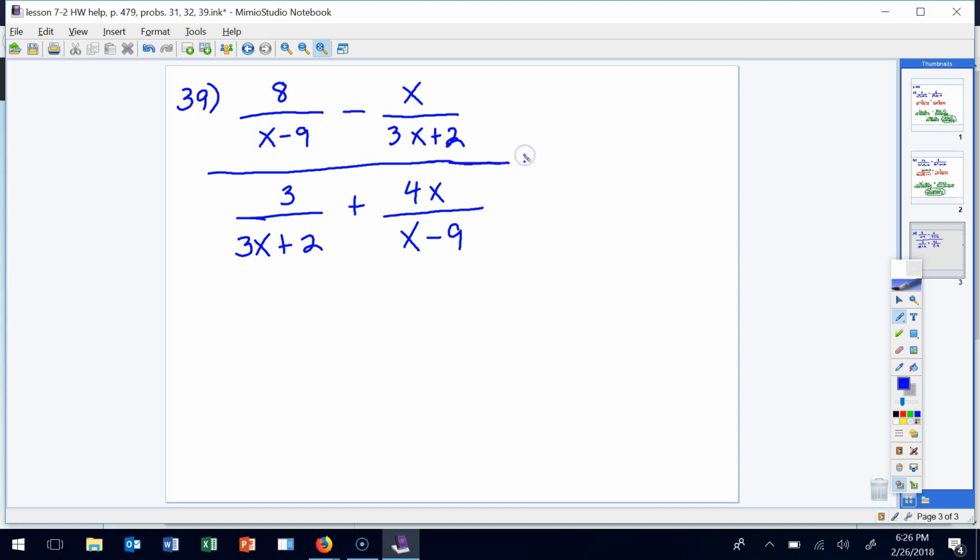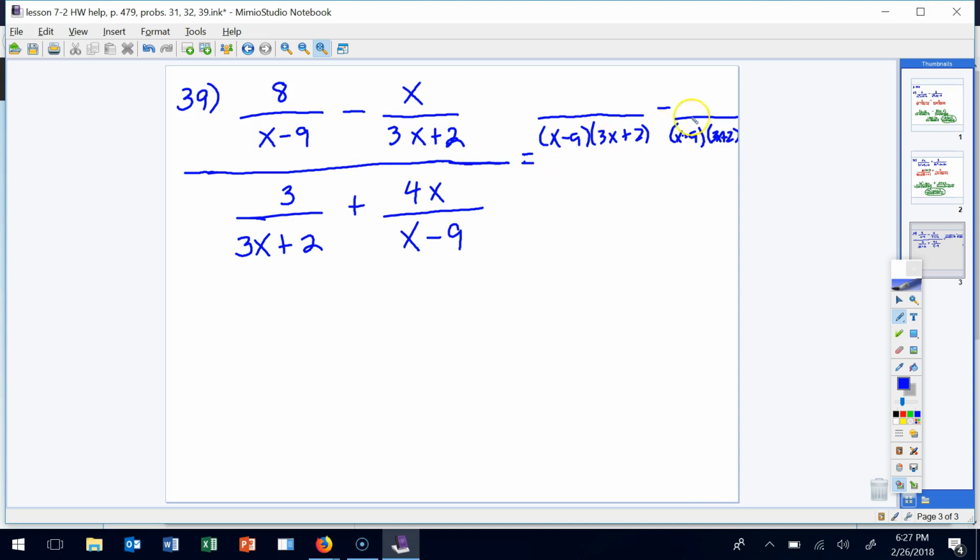So let's just go into our normal routine. You can see the LCD for this top half of the complex fraction is x minus 9 times 3x plus 2. So I'll just put that down twice, and we'll do our division multiplication process. Almost ran out of room, but you can see what that is.